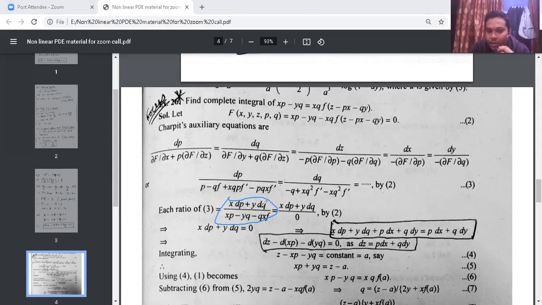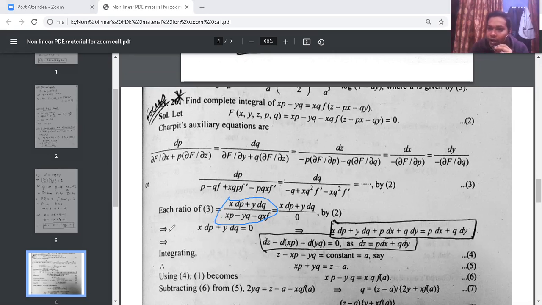That is x into dp plus y into dq. This is a very common combination while solving Charpit method questions. So always look for this term also. If you're not able to make pairs which give you a set of solutions, always try to look for this pair also, that is x dp plus y dq, because there are around 40 questions of the Charpit method in the MDR book, and this method is applicable to like 7-8 of the difficult questions.